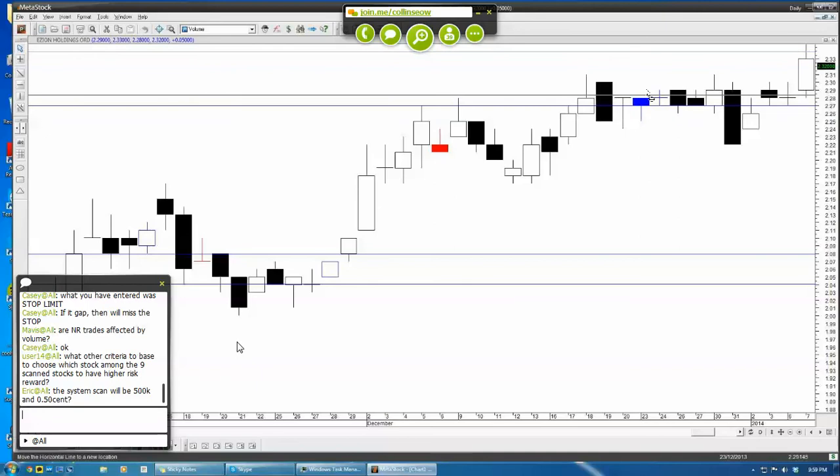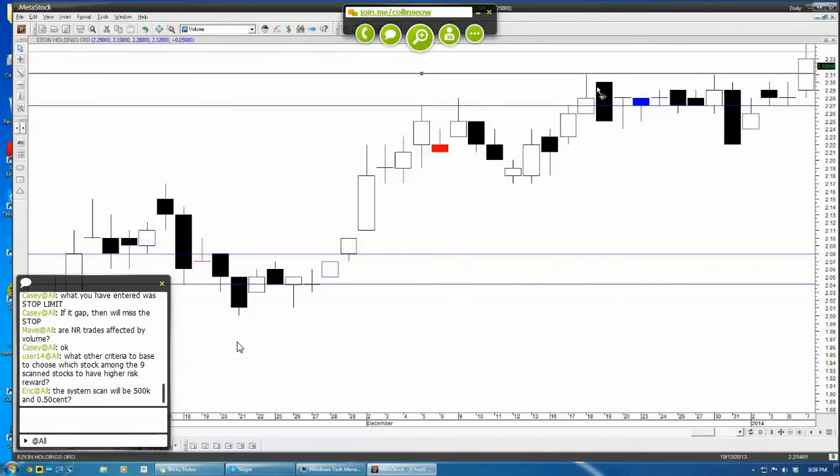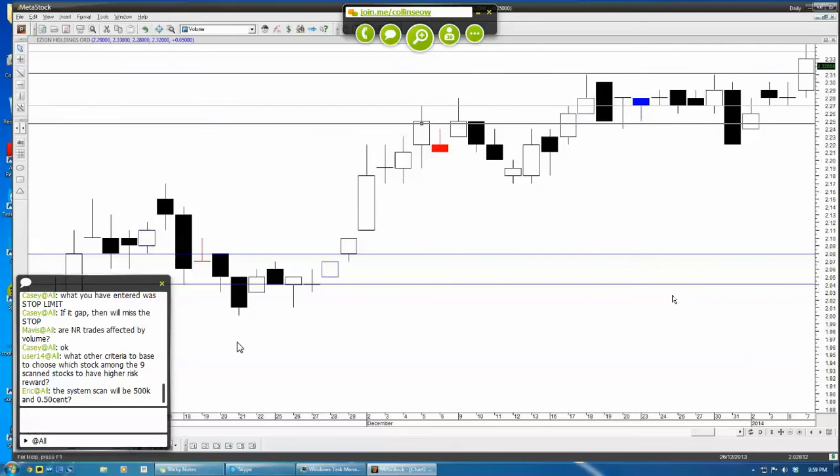Can you see? Even if you put 1 cent above 2.29, it's still inside a resistance. Correct or not? So you need to clear this resistance. So number one is support and resistance.